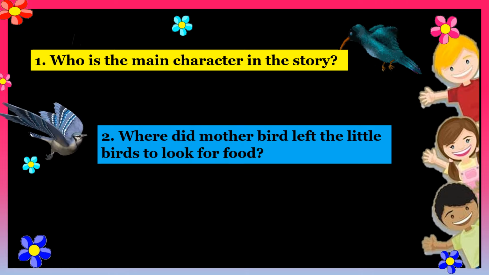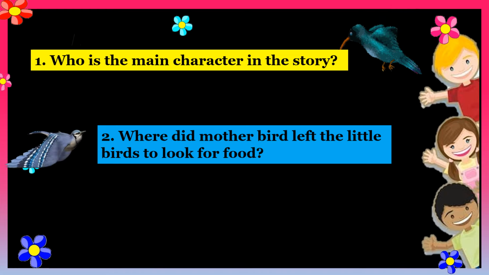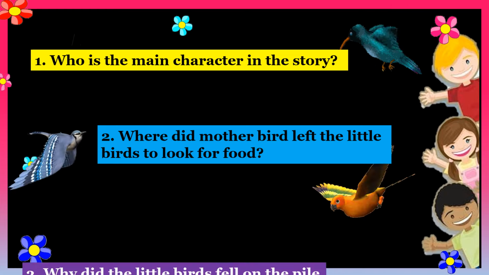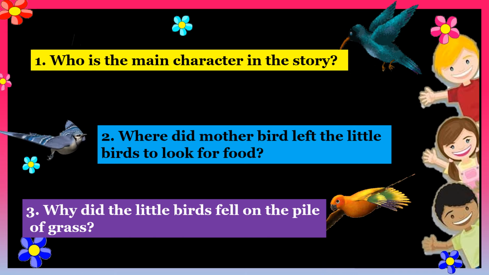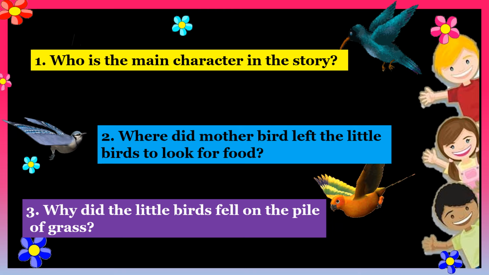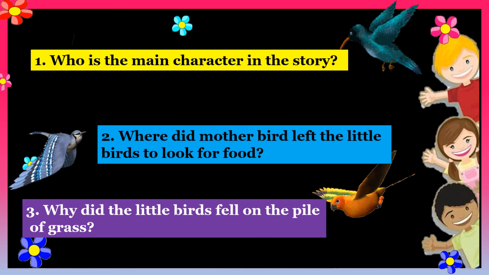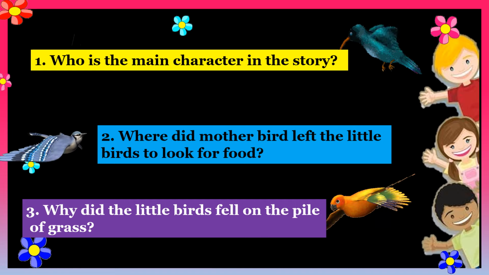Number two, where did Mother Bird leave the little birds to look for food? Remember kids, you have to answer in complete sentences. That's great job. Now let's go to number three. Why did the little birds fall on the pile of grasses? That's awesome! Okay, very good kids.